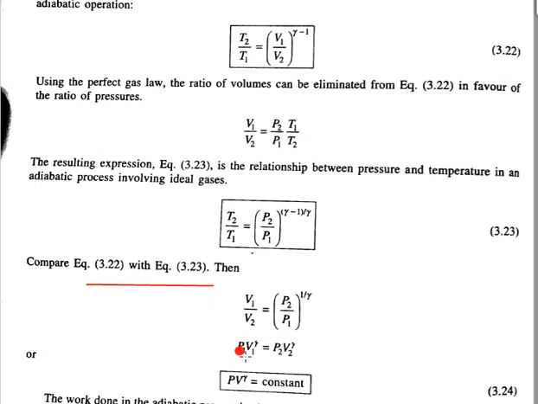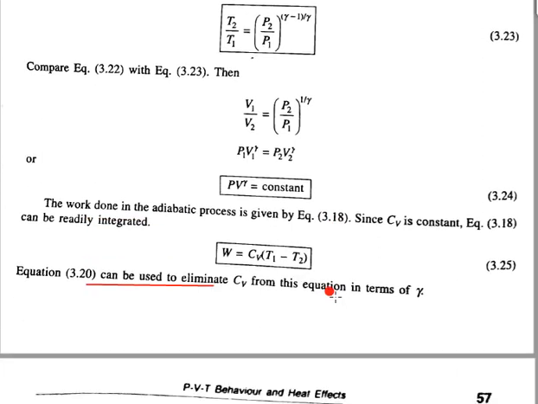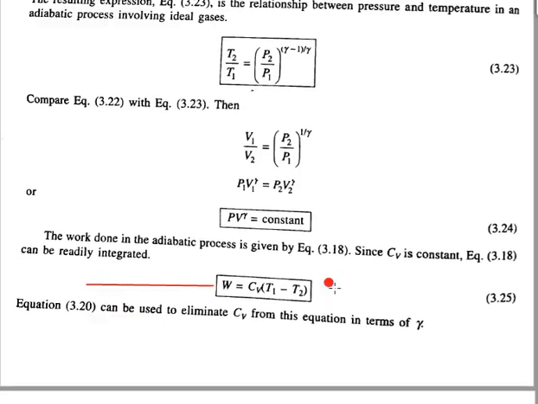And so इसकी जगह पे हम ऐसे भी लिख सकते हैं, P1 V1 raised to gamma is equal to P2 V2 raised to gamma. So that is PV raised to gamma is constant. Okay, that condition we are completing here. So that is PV raised to gamma is equal to constant.